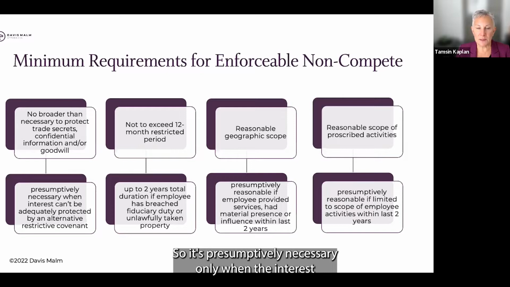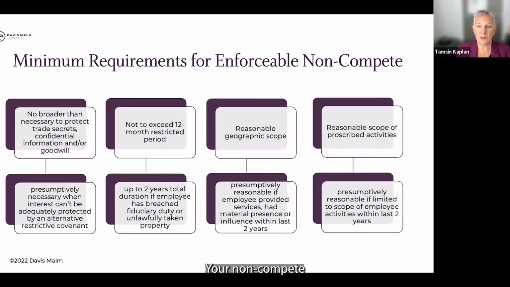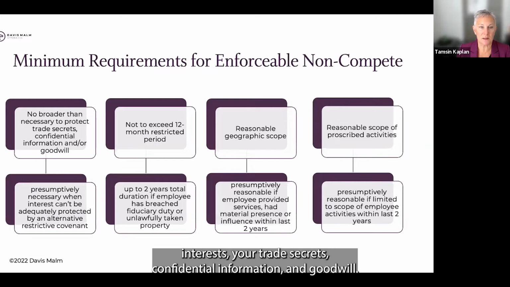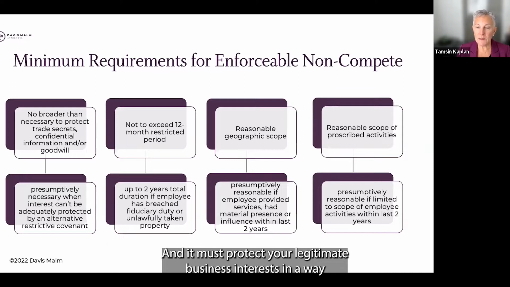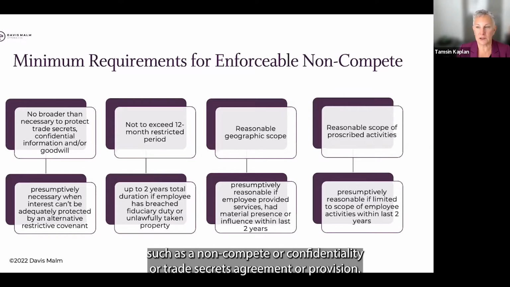So it's presumptively necessary only when the interest cannot be adequately protected by an alternative restrictive covenant. And this is something that employers need to think about. Your non-compete should be narrowly tailored, specifically to protect your legitimate business interests, your trade secrets, confidential information, and goodwill. And it must protect your legitimate business interests in a way that would be impossible to protect via another restrictive covenant, such as a non-compete or confidentiality or trade secrets agreement or provision.